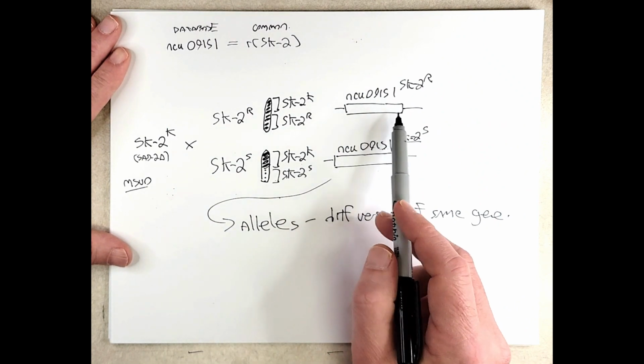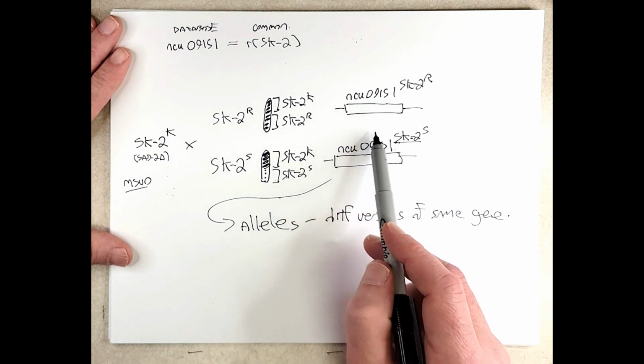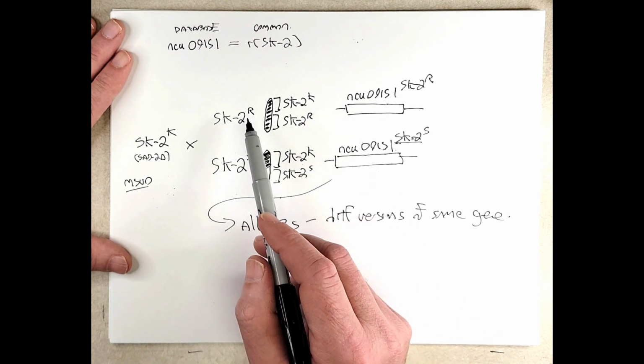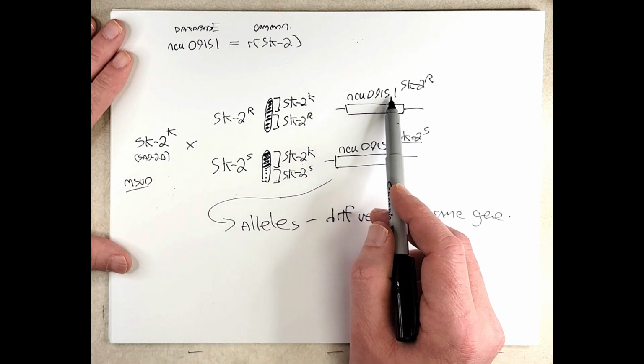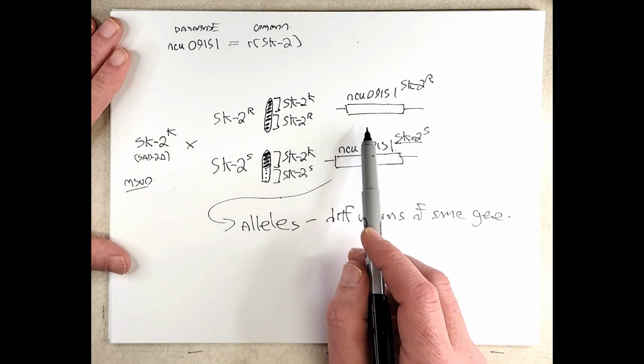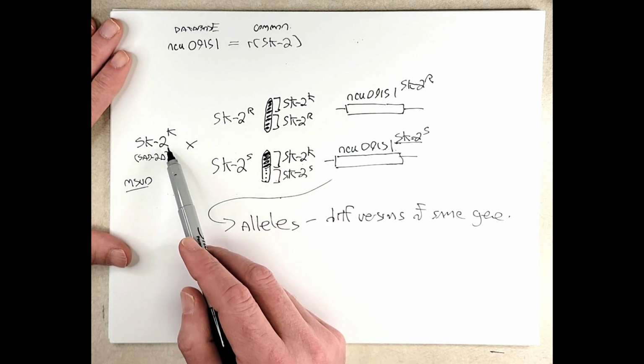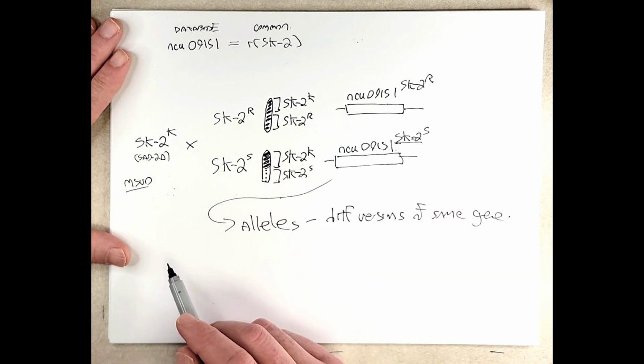And if we do a protein translation on these sequences, we can see that the protein sequences are different. So it seems that the allele of NCU09151 determines whether or not the strain is resistant to SK2K or susceptible to SK2K-based spore killing.